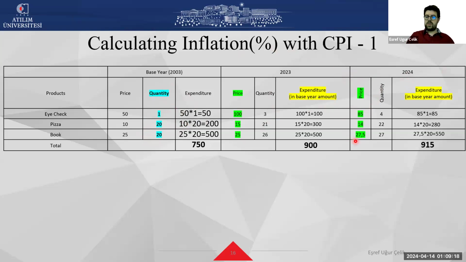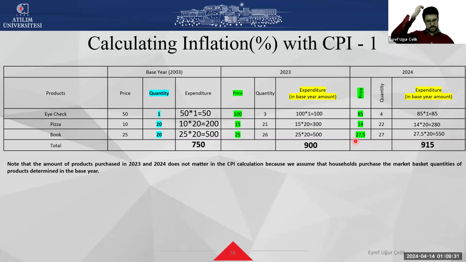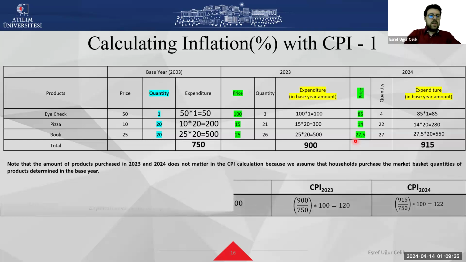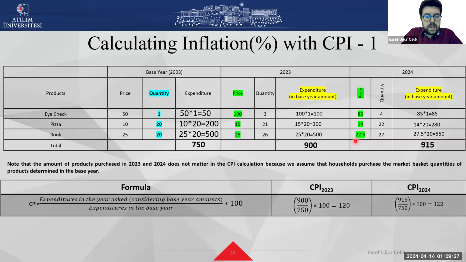In 2024, the expenditure in the base year amount, by taking the base year amount, 950. Again, that's the note for understanding the mechanism.